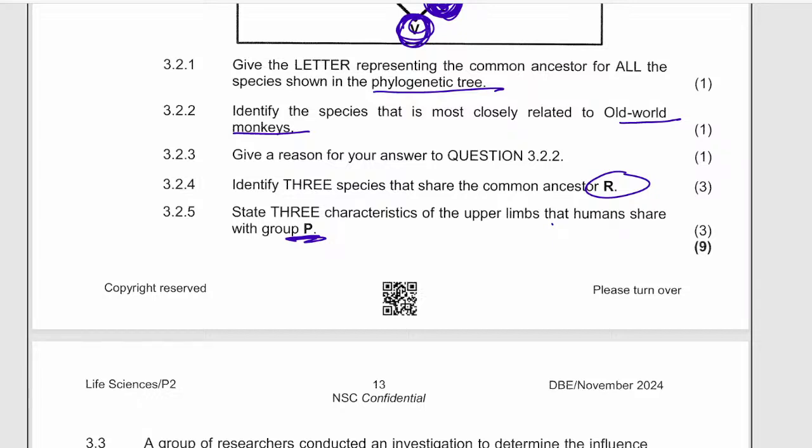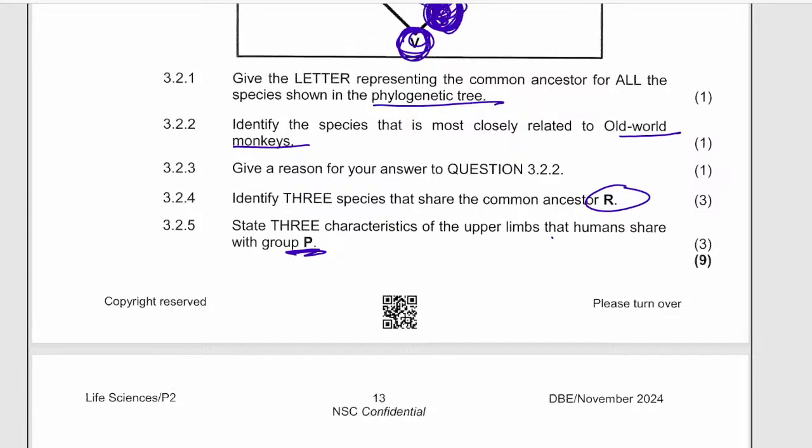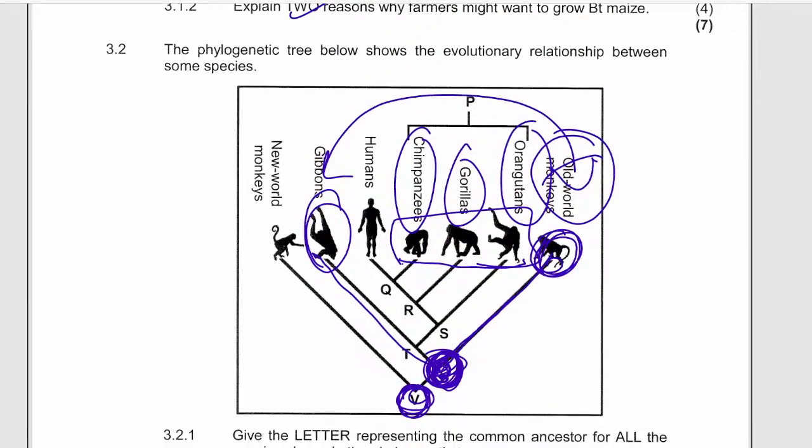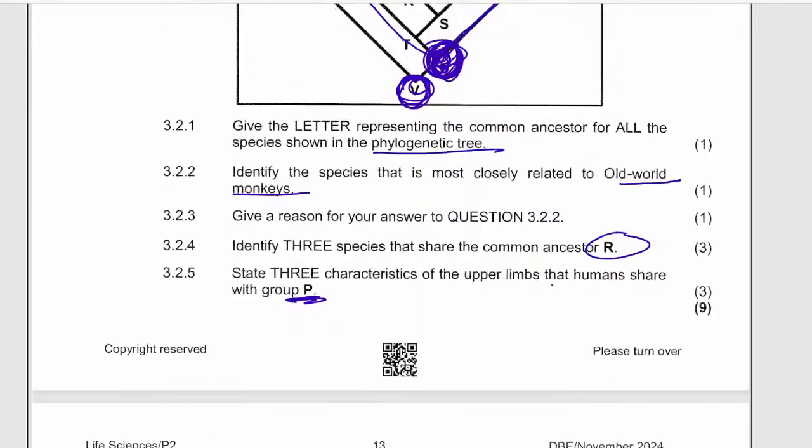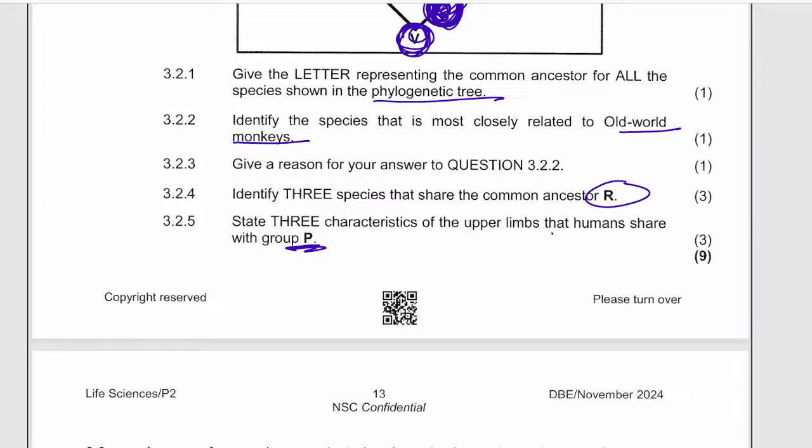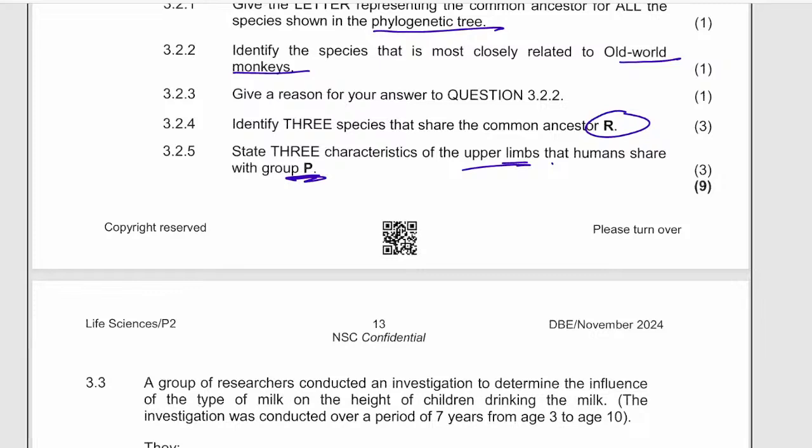So you talk about opposable thumb, nails instead of claws, free rotating arm, elbow at 180 degrees. All those are about the upper limb, meaning your hand.